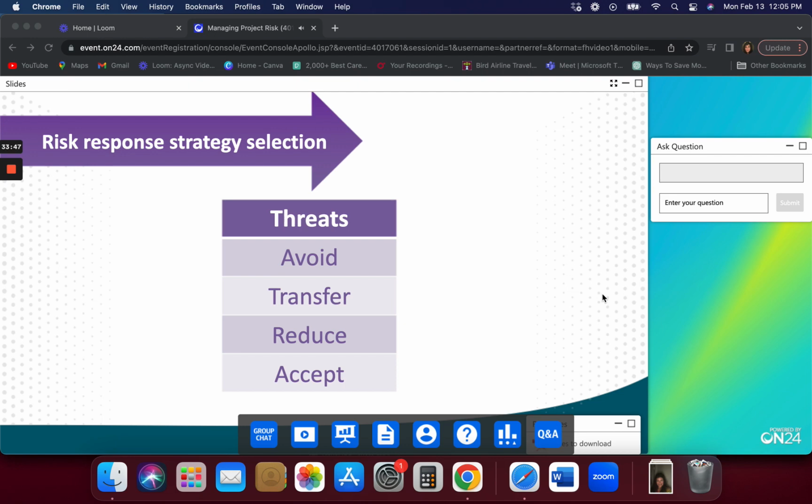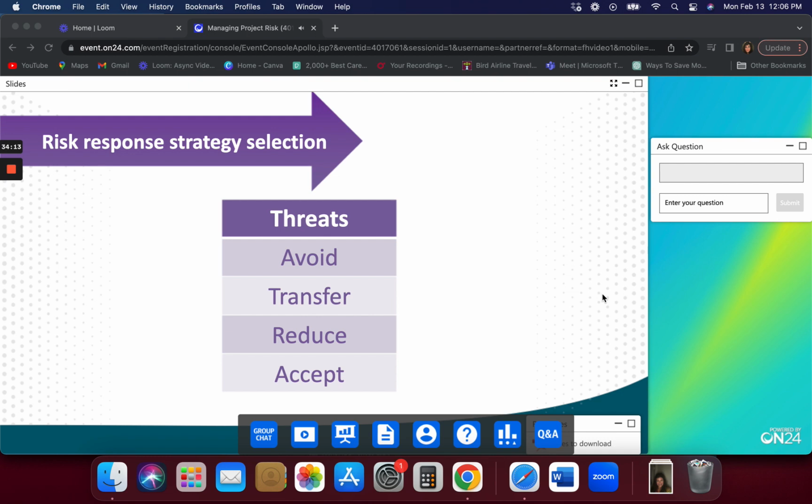So your threats are to avoid, to transfer, to reduce, or accept. So essentially, if you're going to avoid a threat, then you basically take it out of play entirely. You make the risk irrelevant to your project. The best way to do that is to make the probability zero.